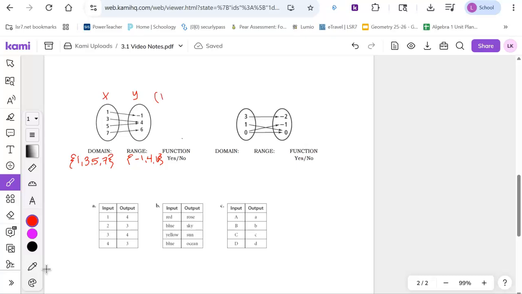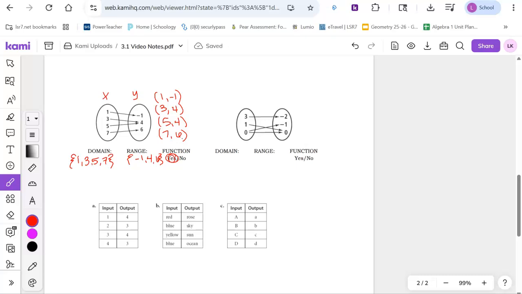So it'd be 1, -1, because the 1 is going to -1, 3, 4, 5, 4, and 7, 6. You can rewrite it like that, no problem. I can look at my x's, and there's no repetition, or I can look here and I don't have one number going to two different y's. So yes, this is a function.